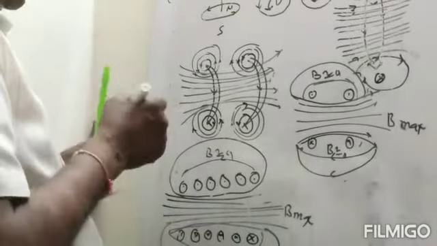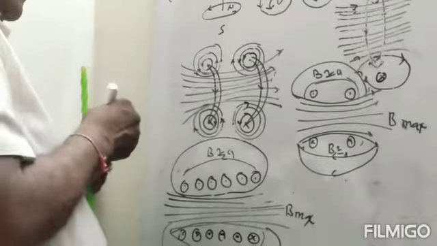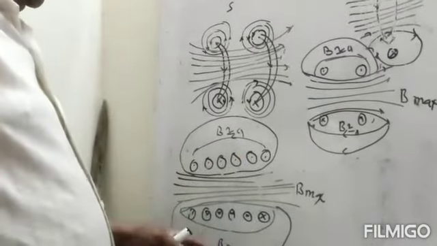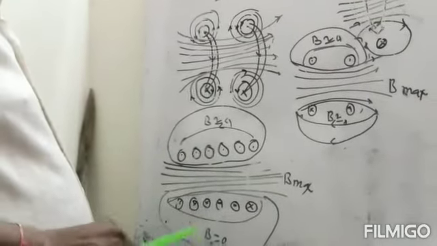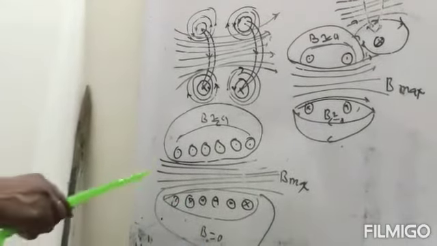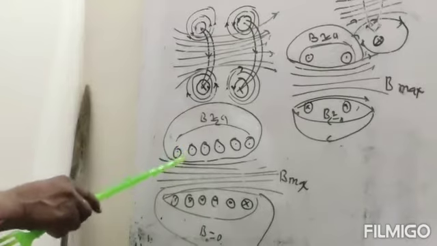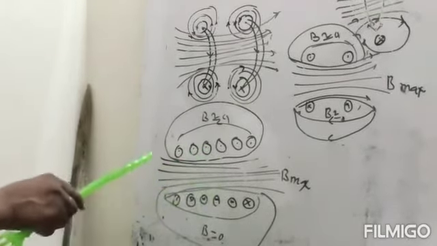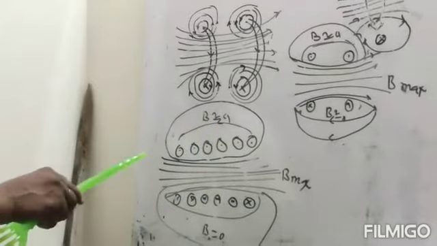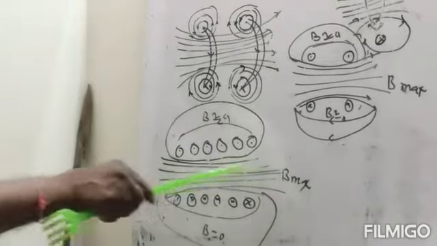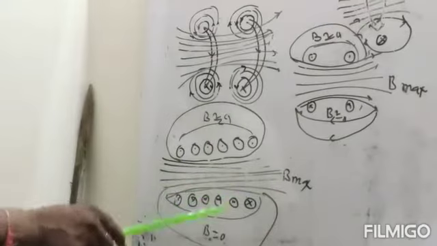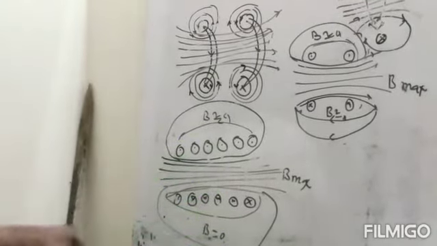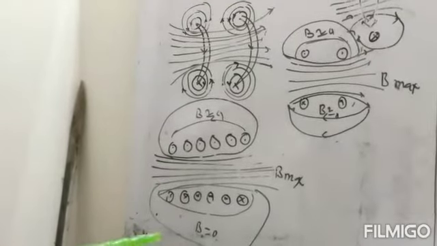We can explain the magnetic field easily this way. If the turns are closely near each other, then the magnetic field will be maximum inside and almost zero outside. This principle is used for the solenoid.